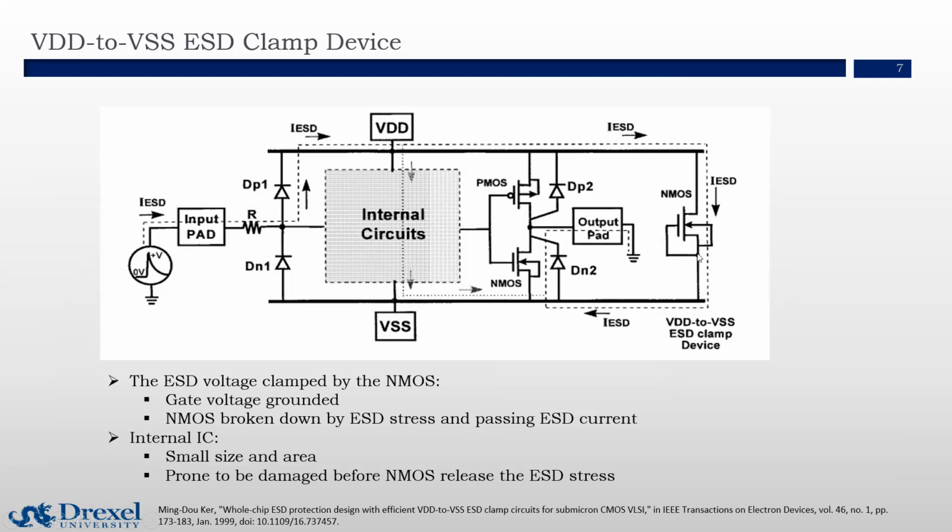So the location of our ESD clamp device is very important. And the internal IC is prone to be damaged before the NMOS releases the ESD stress in this typical schematic.